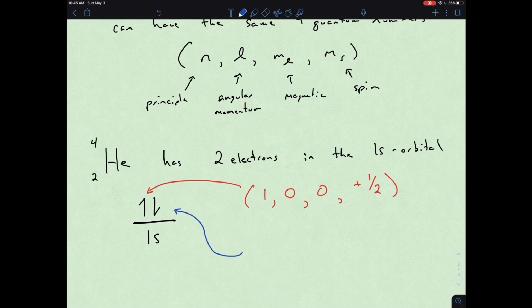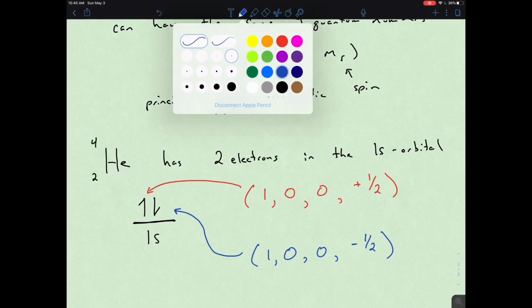For the second electron, the numbers are pretty much the same: we're still in the first principal level, still in the s orbital. There's only one of those s orbitals, so m sub l is equal to 0, but now we have a minus 1/2 because the electron is pointing down.